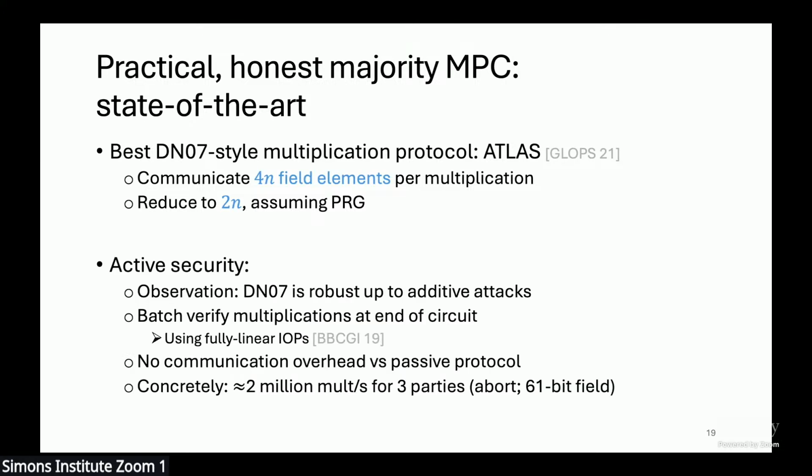Okay, what about active security? So if you look at what can go wrong in a passively secure protocol with an active adversary, then essentially all that can happen is when you do this opening of the multiplication to party P1 or any of the other parties, then they can tamper with this when they send this back to the other parties.